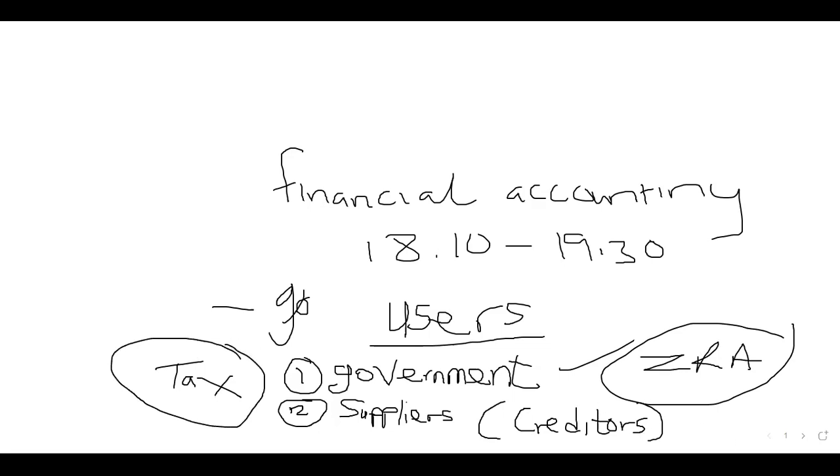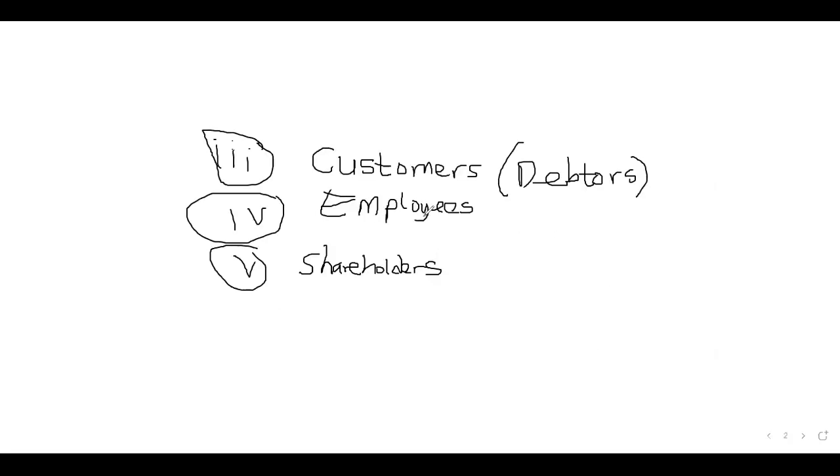Suppliers or creditors are also users, so that they know whether they can continue supplying goods to you on credit. Maybe you don't have the money, so you cannot allow somebody to continue supplying goods on credit to you, especially when they're not sure about you making money.